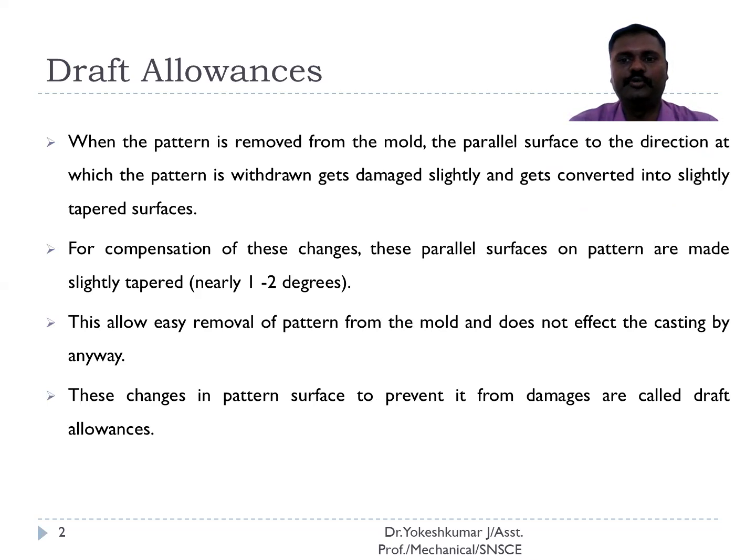Once you remove the pattern from the mold in a vertical direction, it gets slightly damaged, and the vertical surfaces are converted into tapered surfaces, which may cause dimensional inaccuracy and may lead to rejection during the final stage of inspection. So, how to overcome this problem?